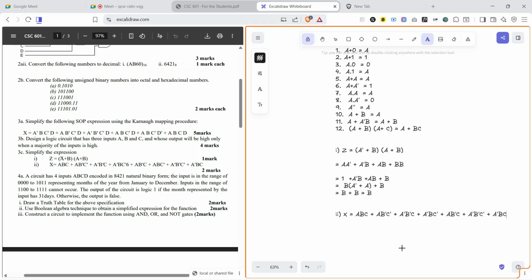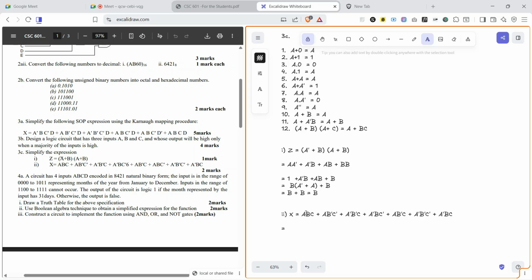For the simplification, the first thing is how many terms are there? One, two, 1, 2, 3, 4, 5, 6, 7, 8. I've not completed it.